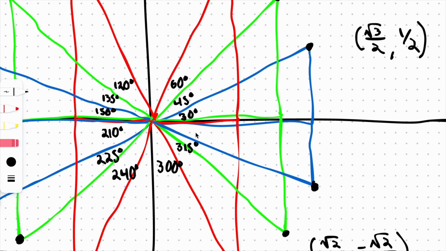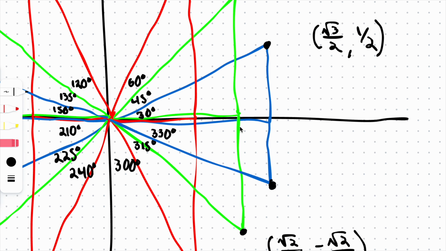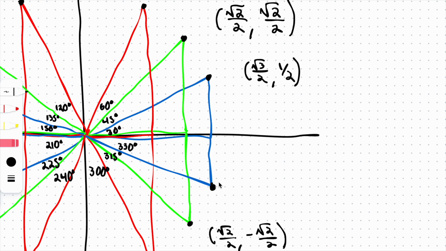So 360 minus 30 is 330 degrees. Okay. And then what is this point going to be? Well, it's just this point, except our y value is negated. So we have positive root 3 over 2 as our x value, and negative 1/2 as our y value.